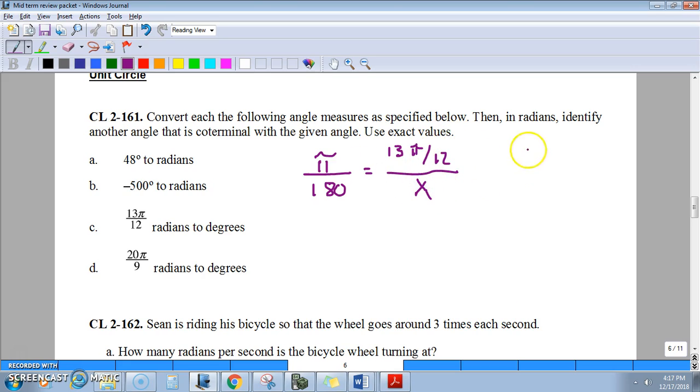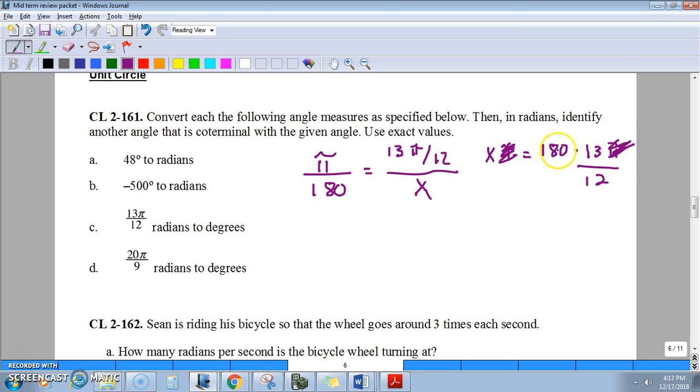So this time when I cross multiply, I'm going to get x times pi is equal to 180 times 13 pi over 12. Okay, and let's see, if I simplify this, first of all, if I have pi on both sides, that's just going to cancel.